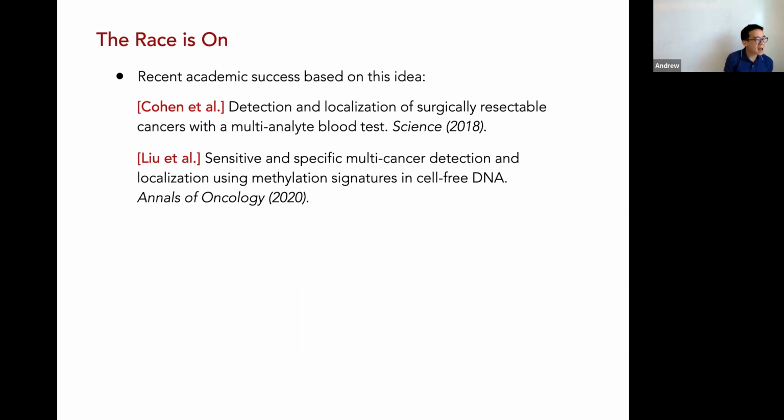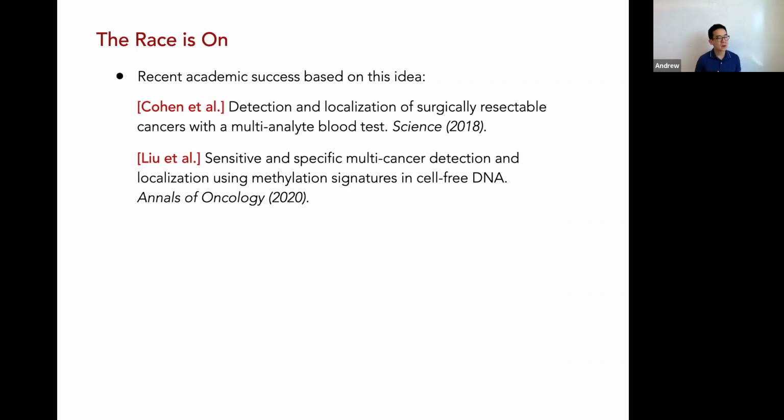As of, let's say, March 2022, there have been from academic labs 2 very promising prototypes of this idea. One that I'm going to call Cohen et al., a Science paper from 2018, and then Liu et al., that's 2020. Just for today, I'm going to focus on that Cohen et al.